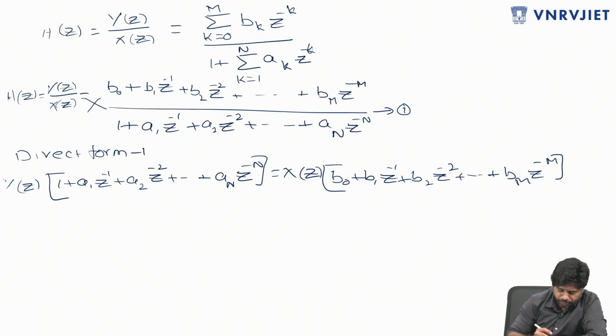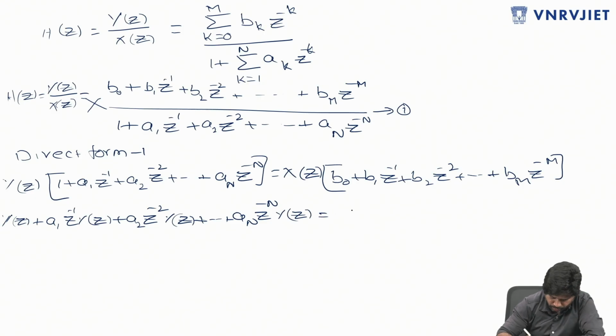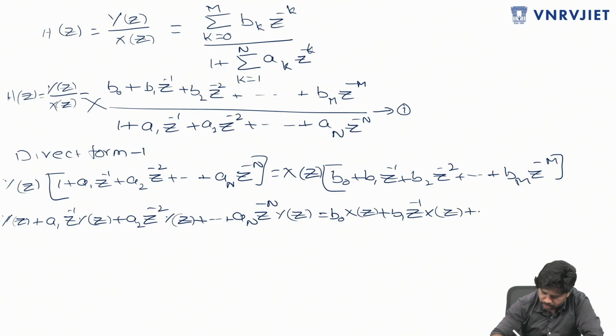Next multiply with Y of z and X of z. So Y of z plus a1 z power minus 1 Y of z plus a2 z power minus 2 Y of z plus and so on plus an z power minus n Y of z equal to b naught into X of z plus b1 z power minus 1 X of z plus b2 z power minus 2 X of z plus and so on plus bm z power minus m X of z.